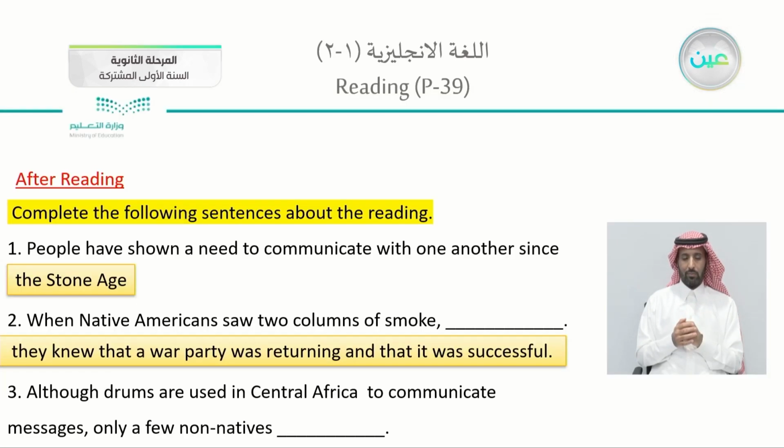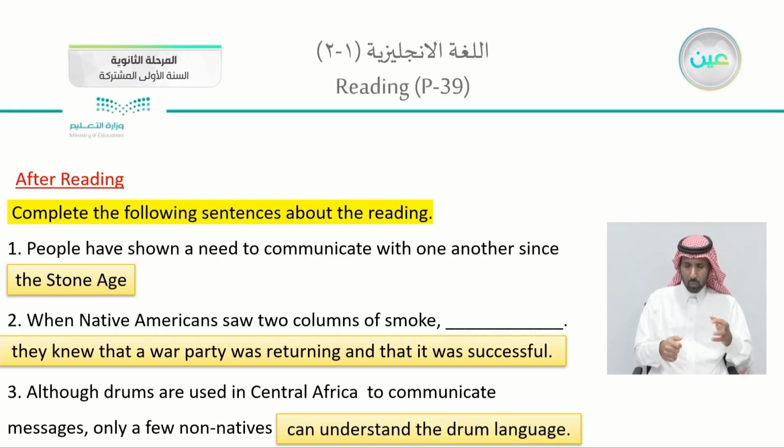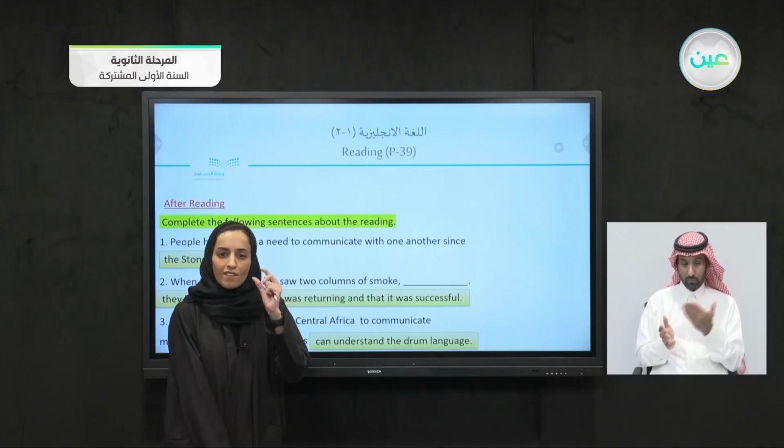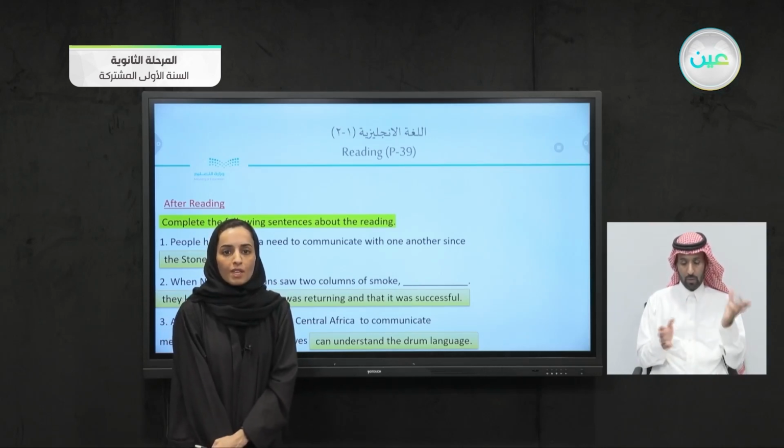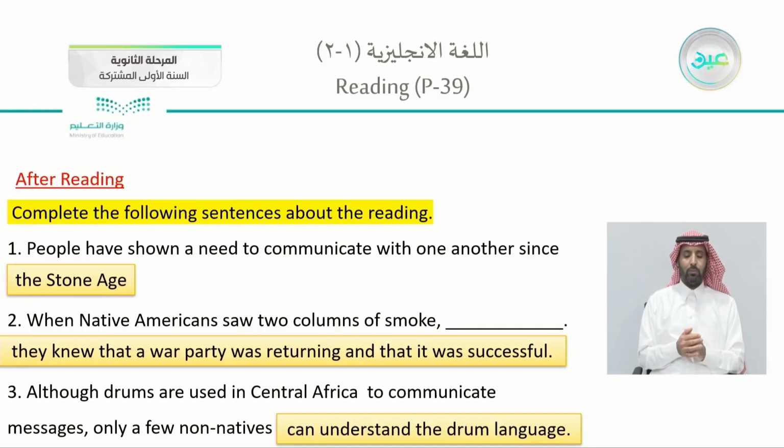How about number 3? Although drums are used in Central Africa today to communicate messages, only few non-natives, few people who are not from Central Africa, can understand the drum language. So we can't understand it. Very few people can understand it if you are not from Central Africa.